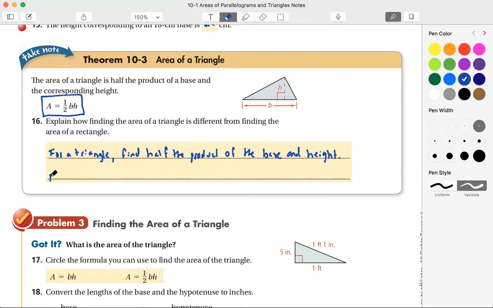For a rectangle, find the product of the base and the height.